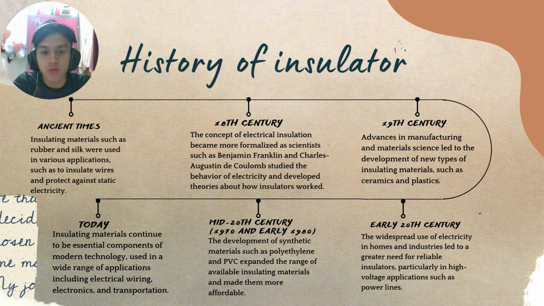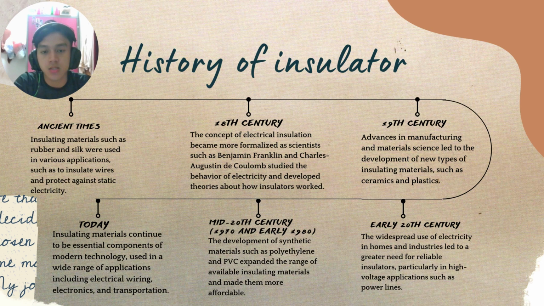Next, we move to the history of insulator. In ancient times, insulating materials such as rubber and silk were used in various applications, such as to insulate wires and protect against static electricity.